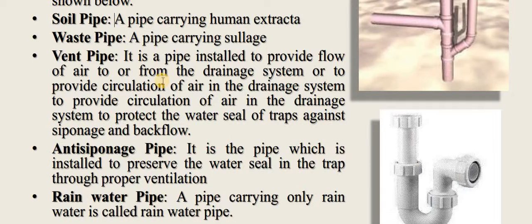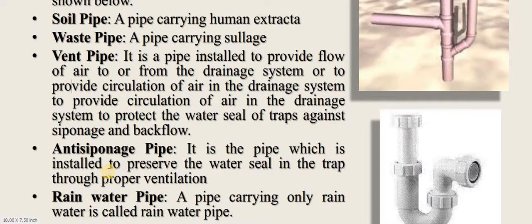They will continuously move in the system, and the foul gases will try to find their path for removal from that system, and hence will damage the whole plumbing system, either by cracking or by siphoning action. So we will have to provide the vent pipe. This is very important. Ventilation is very important for proper circulation of air in the drainage system.